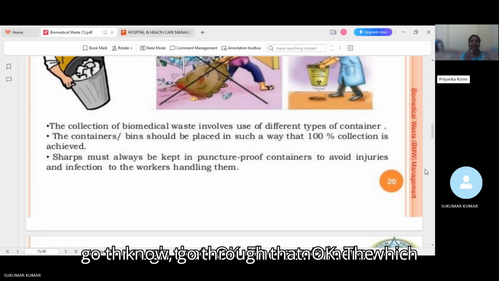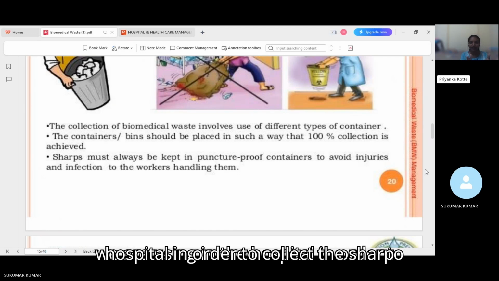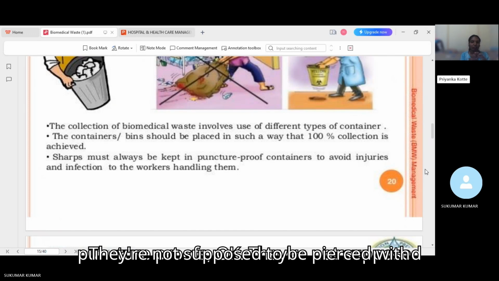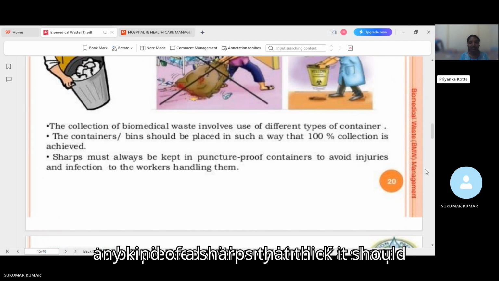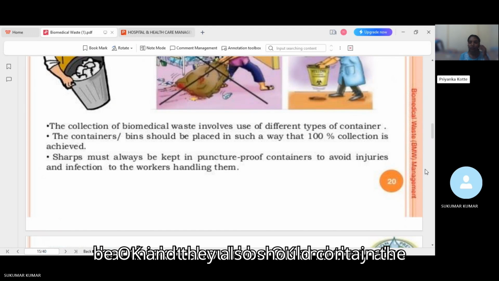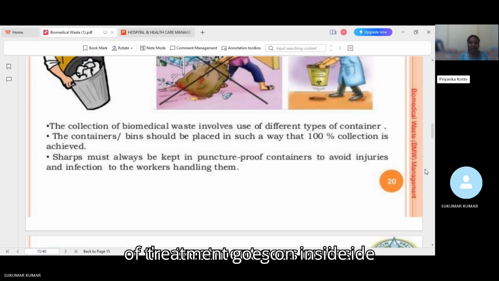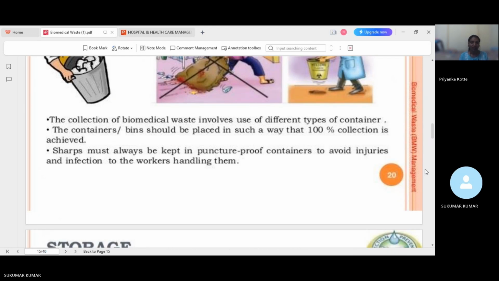The containers which we use in the hospital to collect the sharps should be puncture-proof. They are not supposed to be pierced by any kind of sharps. That thick it should be. And they should also contain disinfectant inside, so that one of the steps of the treatment goes on inside.